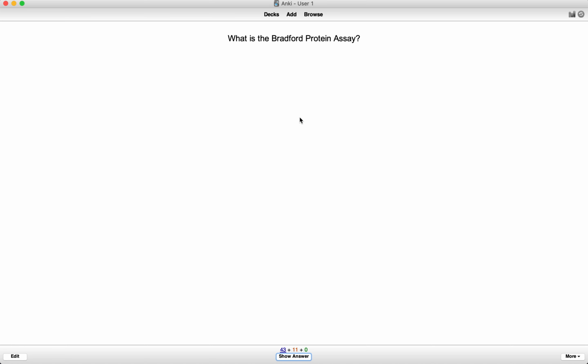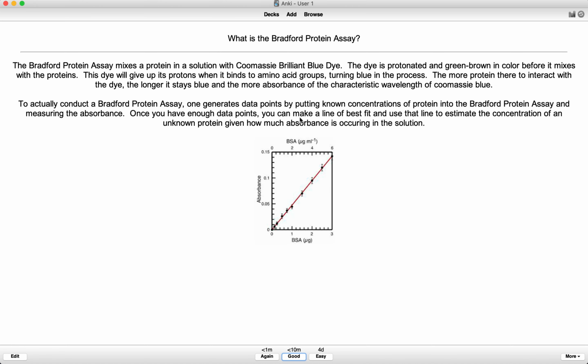Okay. Bradford protein assay. It mixes a protein in solution with brilliant blue dye. The dye is protonated and green-brown in color before being mixed with protein. I don't quite understand this.